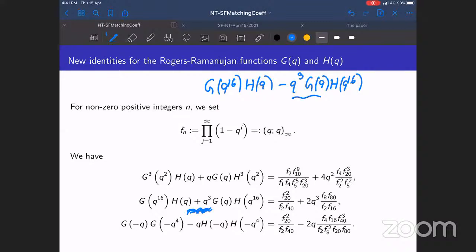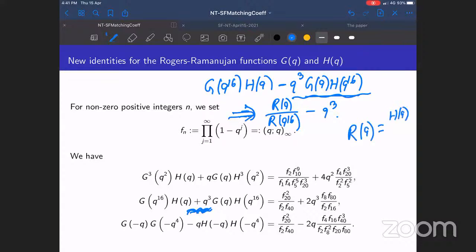So when it is minus q cube and we try to find the matching coefficient results, then we failed. That means it is obvious that if I denote this by the second term, this can be written as R(q) over R(q^16) with minus q cube. We can write like this, because we know that R(q) is nothing but H(q) over G(q).